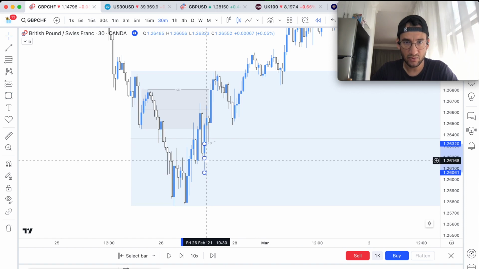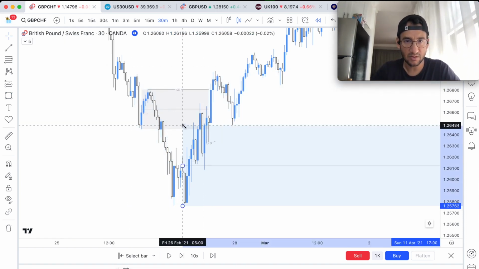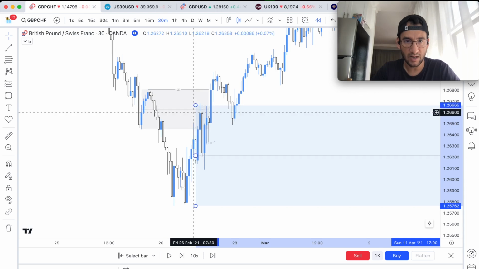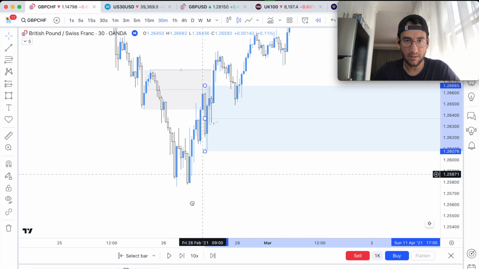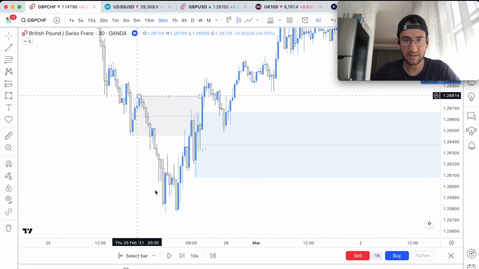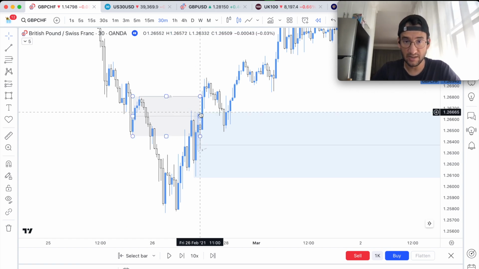Let me, from this, we want to be focusing on this. Notice how I just went from this high to this low. That was our major demand zone, and to this.